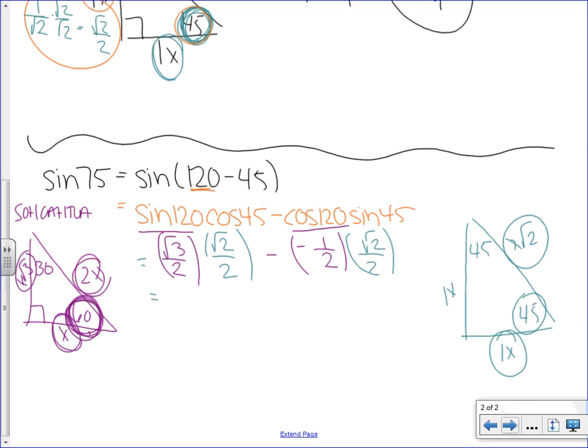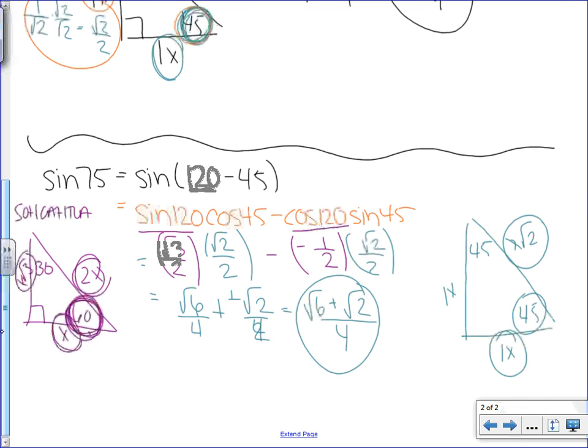And then when you simplify this, this is going to be the square root of 6 over 4 minus negative the square root of 2 over 2. And minus the minus is really plus. So this is the square root of 6 plus the square root of 2 over, I'm sorry, there should be a 4. And there we go, I got the same thing. Okay, so 2 ways to do this. Either way, it's using exact trig values and the sum or the difference formula to get exact values for what we want.